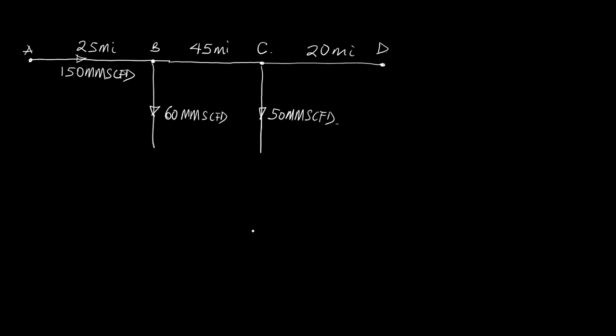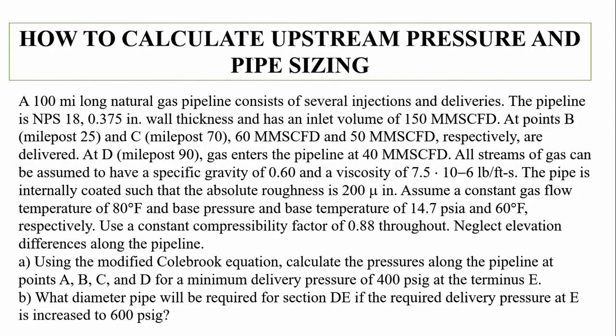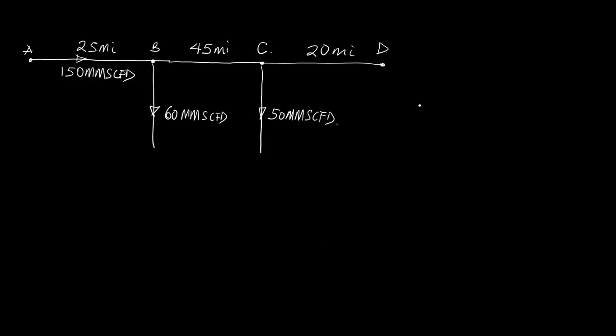All streams of gas are okay to assume so. Now the total length of the natural gas pipeline is 100 miles. So from D to the delivery point E, the terminal point, will now be 10 miles. If you add the whole of this, it will give you 100 miles.